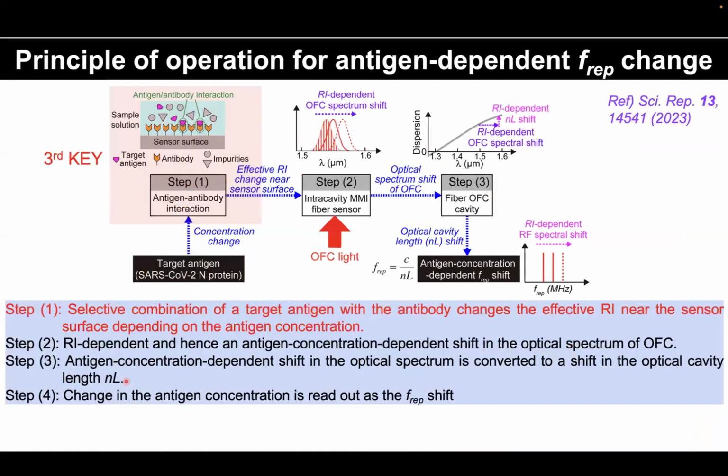Here, the third key is antigen-antibody interaction. The concentration change of the target antigen is converted into the effective RI change near the sensor surface by selecting a combination of a target antigen with an antibody.